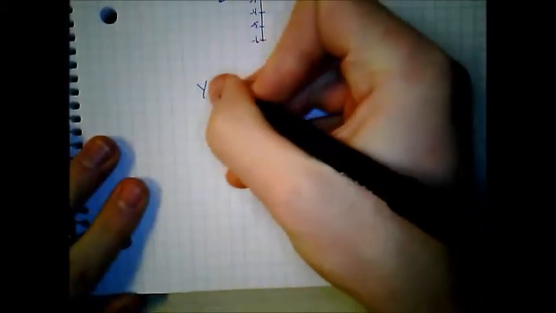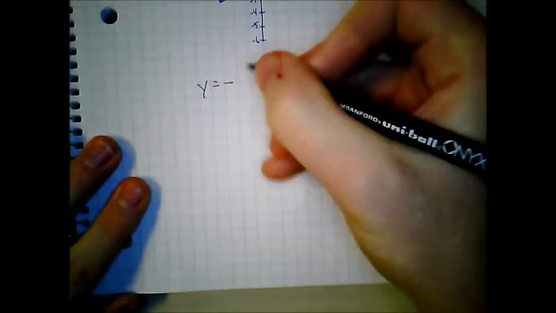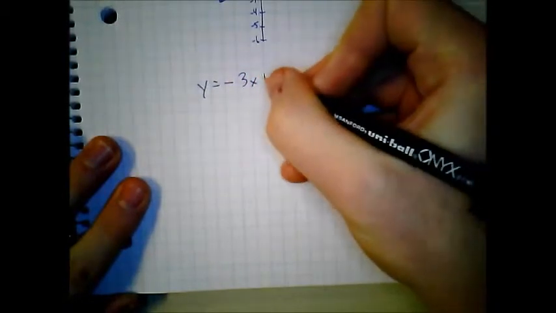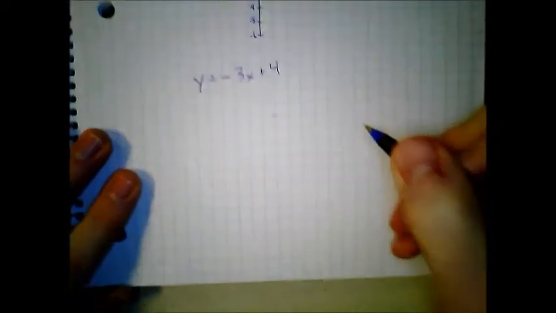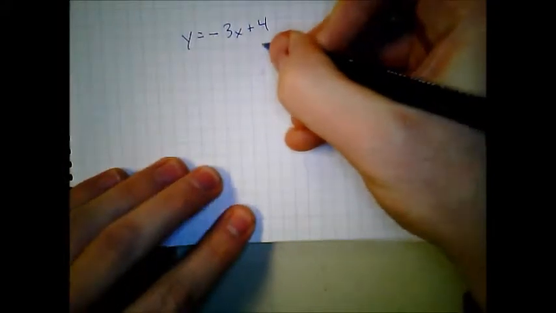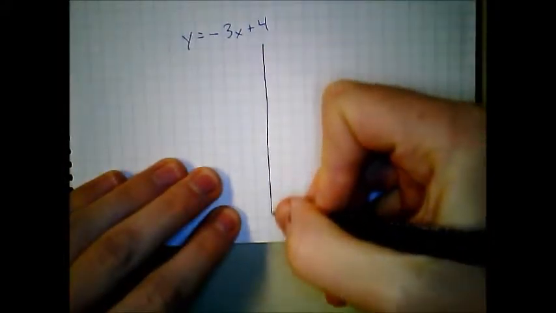Okay, so we'll do one more together before you try some on your own. So let's say we have y equals negative 3x plus 4. We're going to set up, again, a 4-quadrant graph.